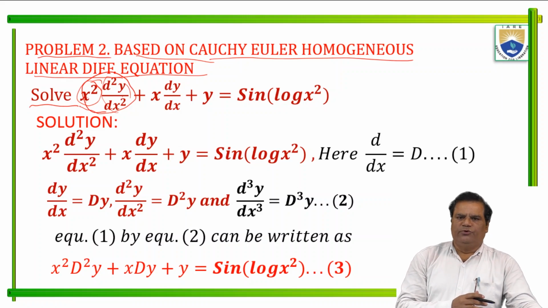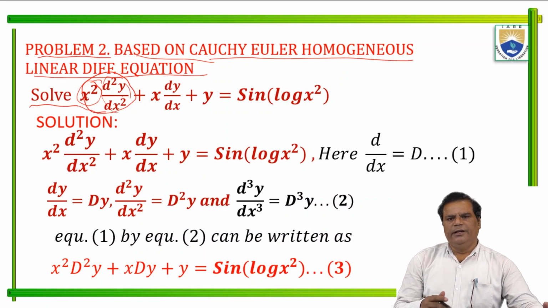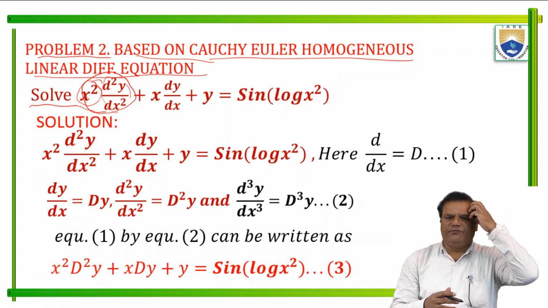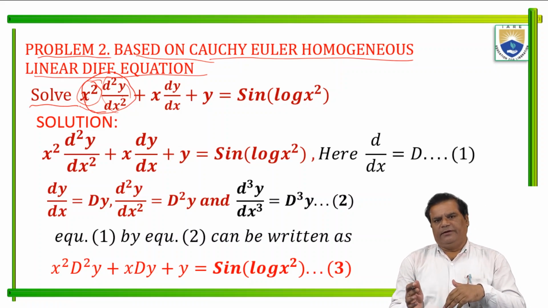Then that equation is known as a Cauchy Euler homogeneous linear differential equation. We want to change this equation into a linear differential equation with constant coefficients by changing from one variable to another.